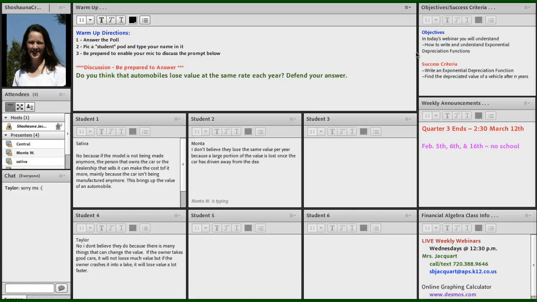Does anybody want to comment on anybody else's comment? Like, did you note something about their comment? And if so, you could use the chat box and identify the name and give a comment or give a question.